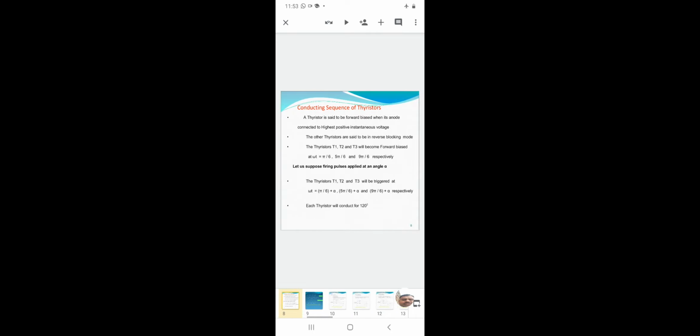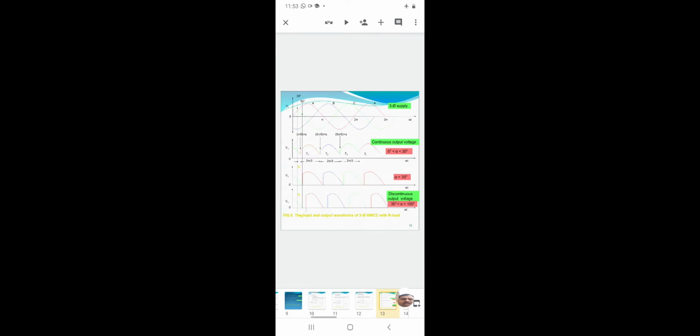Then the thyristor starts conducting with a delay angle of alpha. For example, for phase A, T1 thyristor starts conducting at pi by 6 plus alpha. For phase B, thyristor T2 starts conducting at 5 pi by 6 plus alpha. For phase C, T3 thyristor starts conducting at 9 pi by 6 plus alpha.